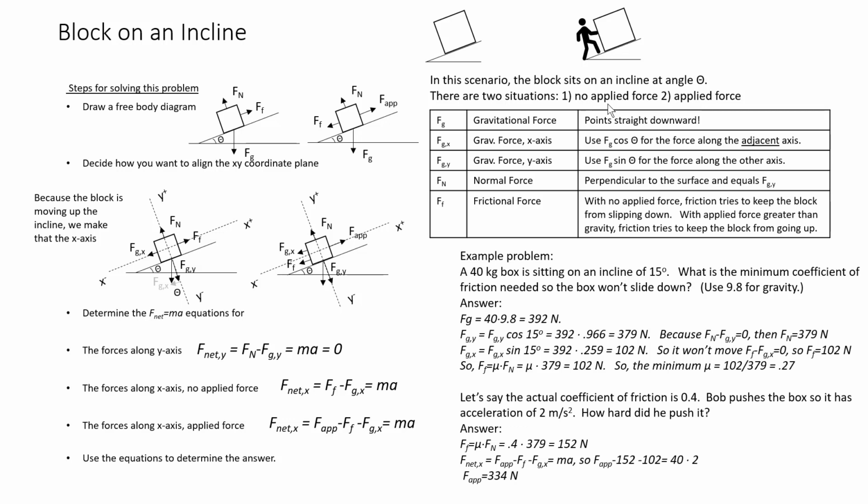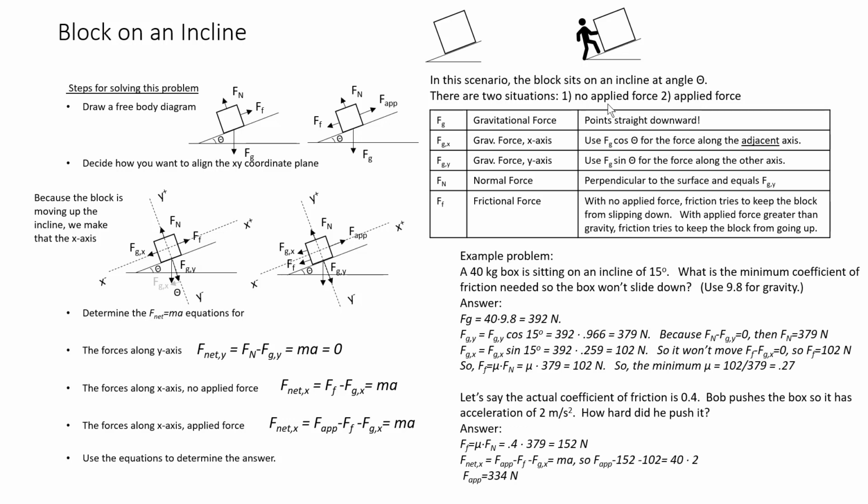This scenario is a block on an incline. In this case, the key thing we need to do is rotate the XY axis so that the positive X goes in the direction that you're planning to push the block. And in this case, let's make the positive X on the right.